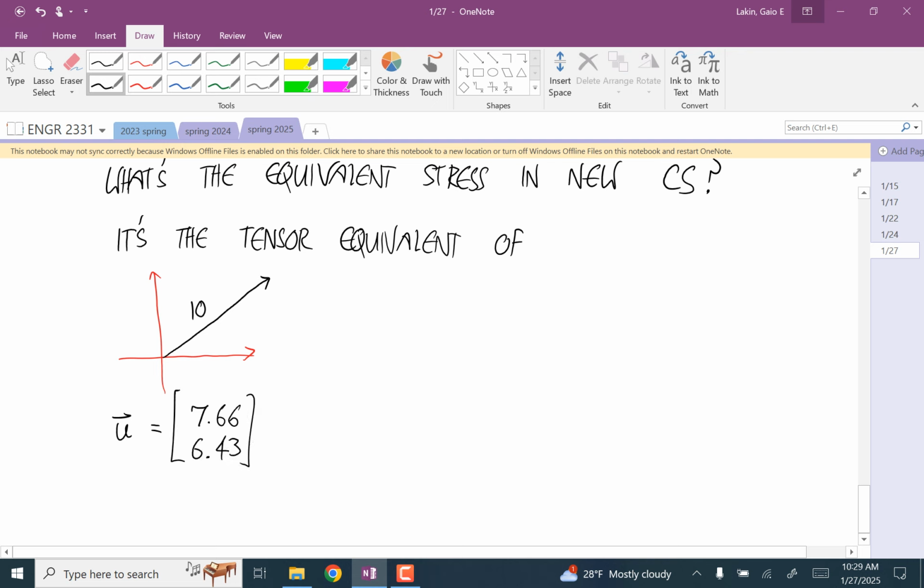That would be if this was 40 degrees. Now that same vector, we haven't changed that vector, but its components are different if the coordinate system is different. So now let's say we want to express that vector in this coordinate system. The vector hasn't changed, but now the components are 10, 0.